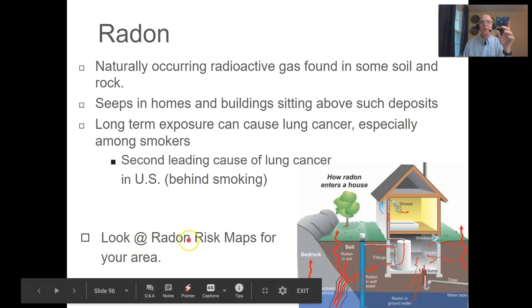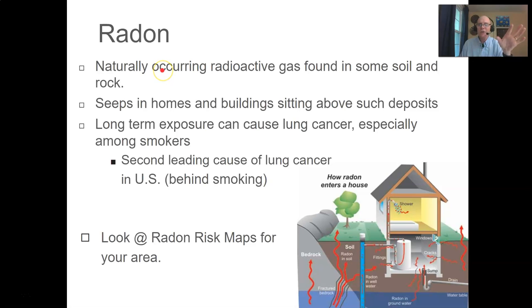Let's talk a little bit about radon. Radon depends on the geology. It's a naturally occurring radioactive gas. It's a decay product of uranium, and it's found more often in some kinds of rock than others. So if you happen to be sitting on a bad kind of geology, you're more susceptible to radon exposure.